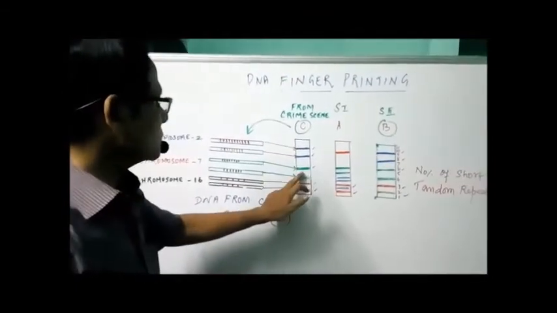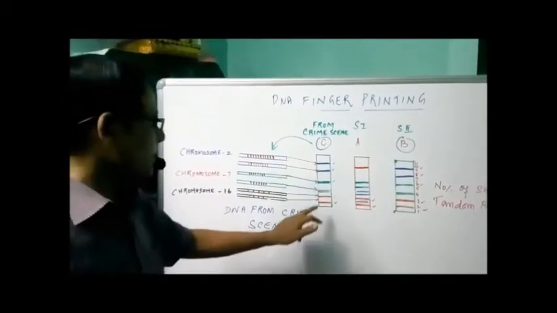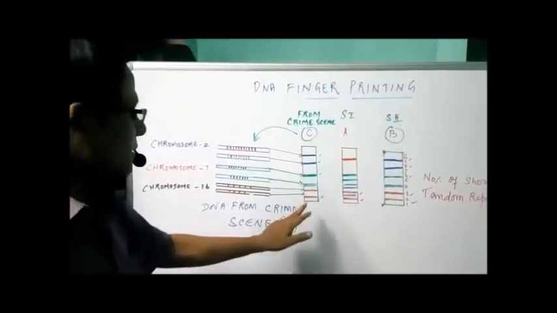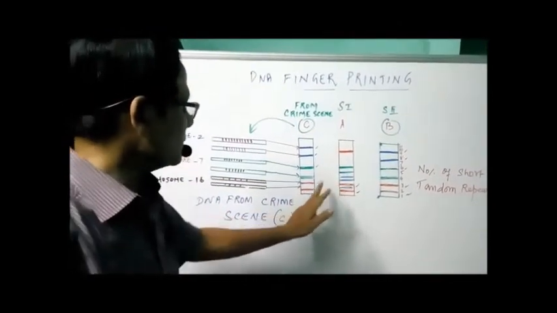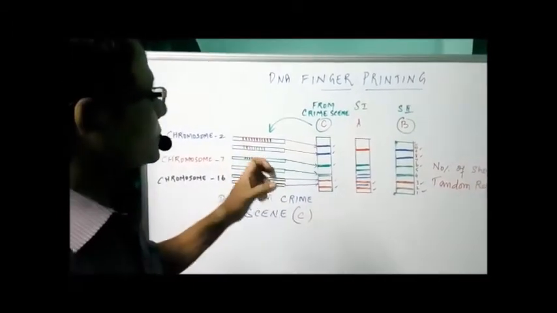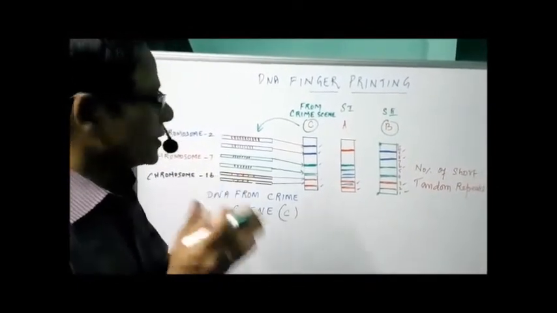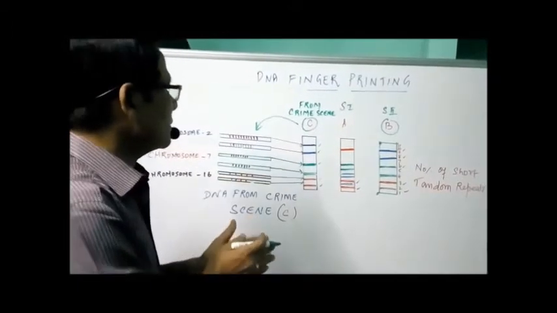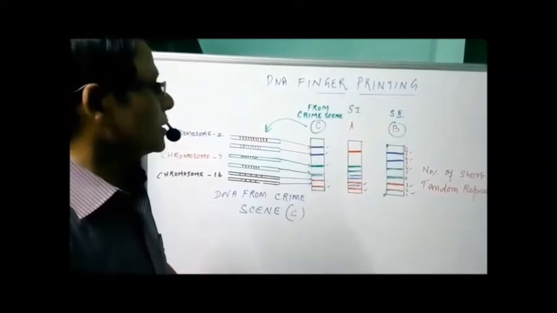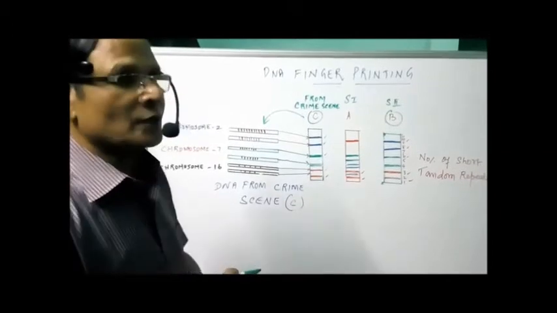And if you take this one, it is the same in all three cases, but we are considering mainly B and C. The next one is also the same between B and C. Here the banding pattern is also the same between B and C. So we conclude that the suspected person is B, whose banding pattern coincides with the banding pattern of the DNA obtained from the crime scene. Hence he is considered guilty.